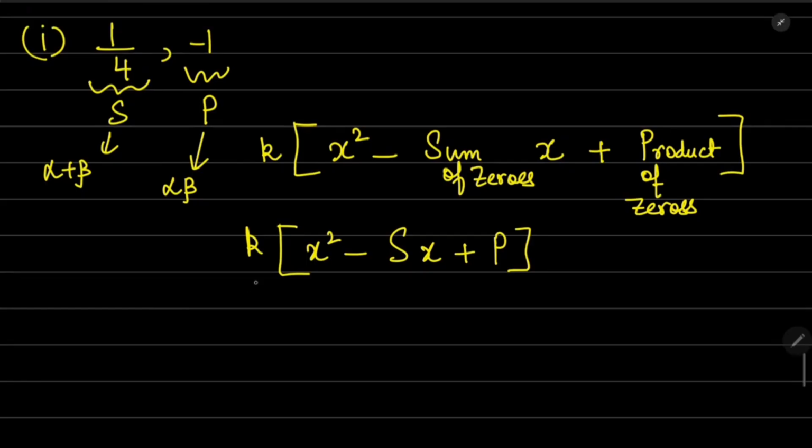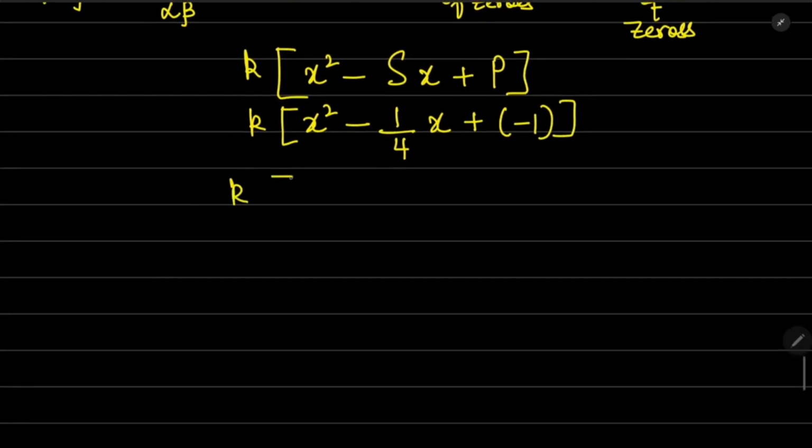So let's substitute the value. Here you have k multiplied by x square minus what is the sum? Sum of the zeros is 1 by 4 into x plus the product is nothing but minus 1. So here let me rewrite it. K into x square minus 1 by 4x minus 1. Take the LCM.